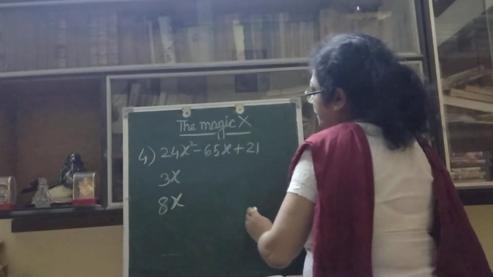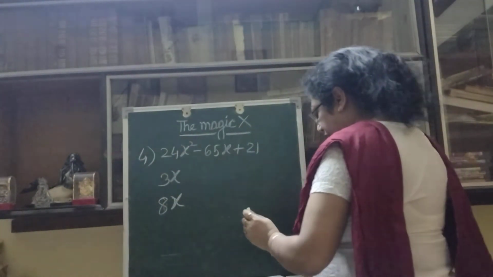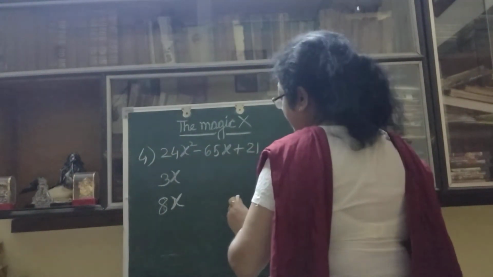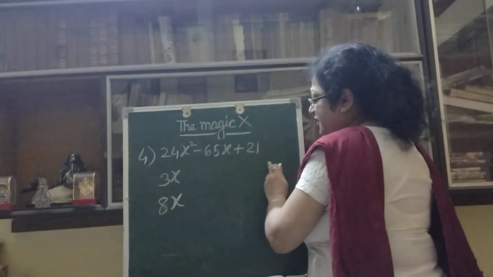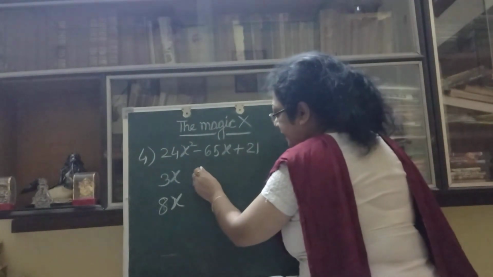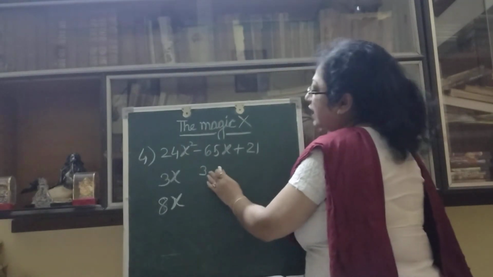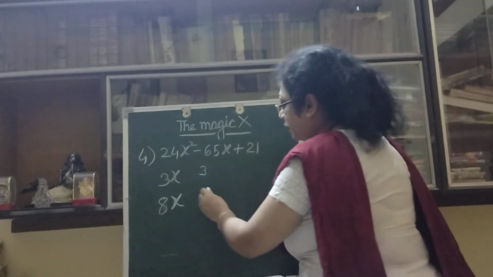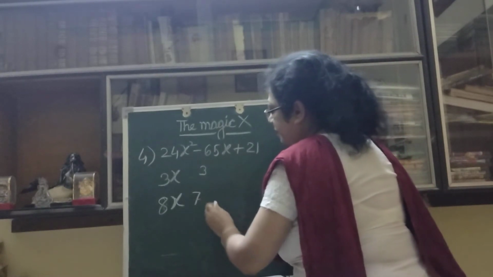Now here you see, if I write 3 7s are 21, as I told you, the smaller one I will write first, then the bigger one, 3 and 7.